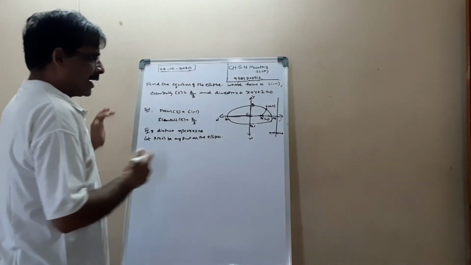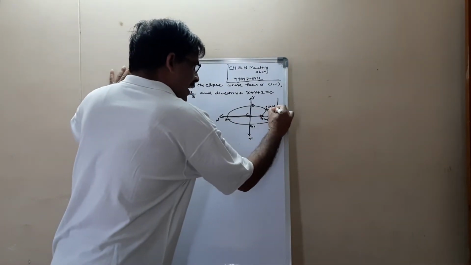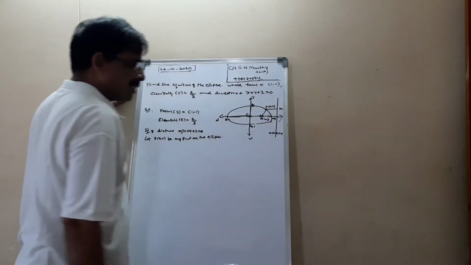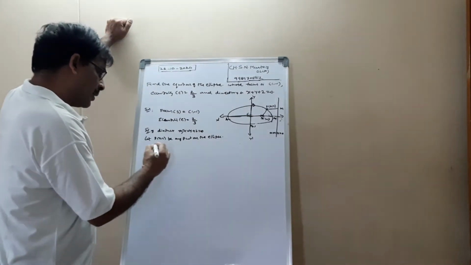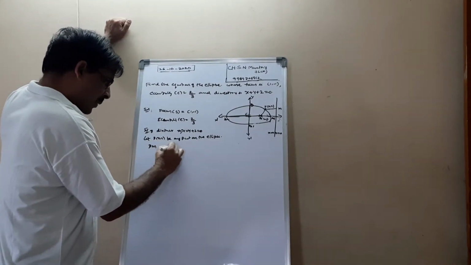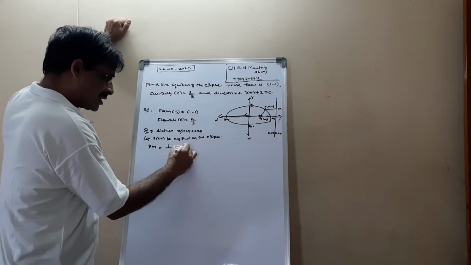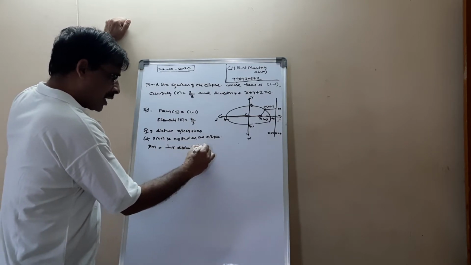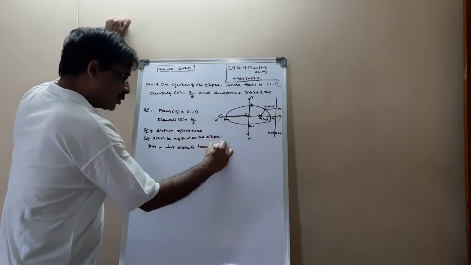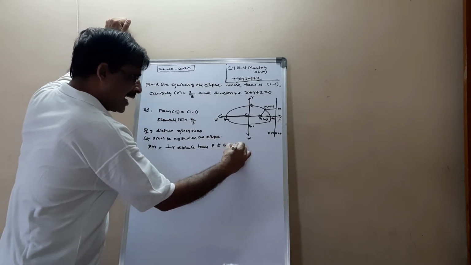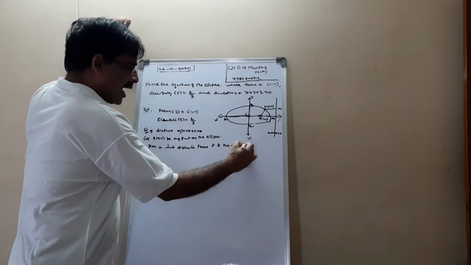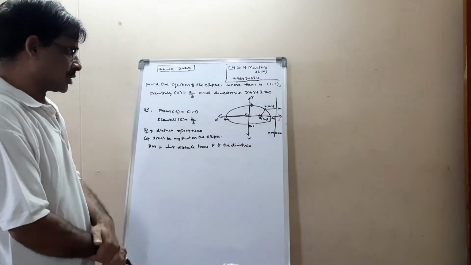Next, you draw a perpendicular to the directrix. PM is the perpendicular distance from P to the directrix. So I have written the given information to you.